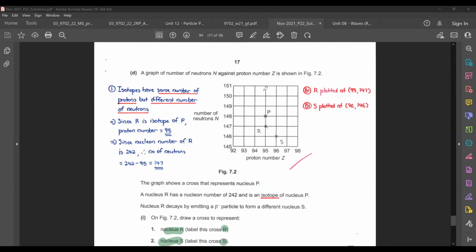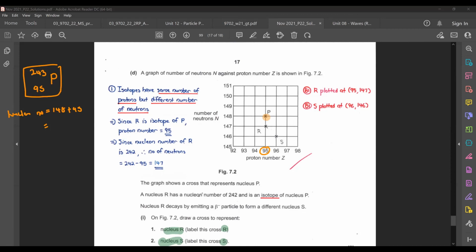Nucleus P is having a proton number of 95, but a nucleon number of 148 plus 95, giving us 243.